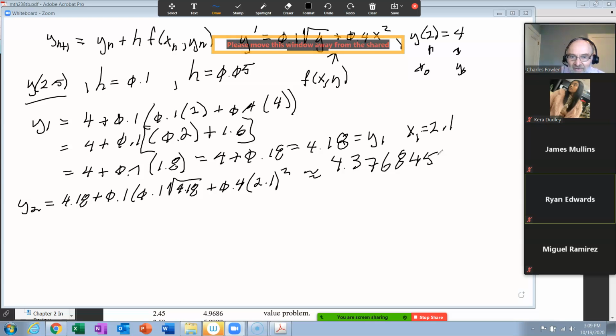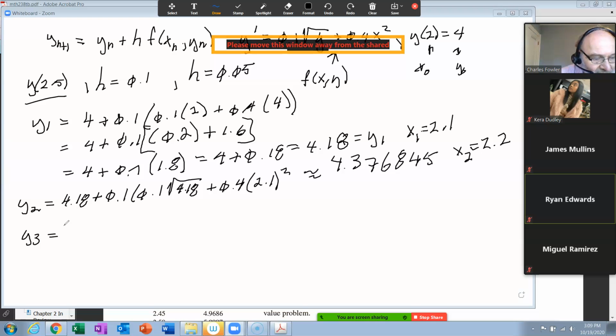Okay, so that's our new y2, which will make now our new x2 to be, with a step size of 0.1, this will be 2.2. Just add another 0.1 to that one. Okay, so that leads to my y3. What's my y3? It's my y2. Oh, let me make sure I'm on the money in the book.